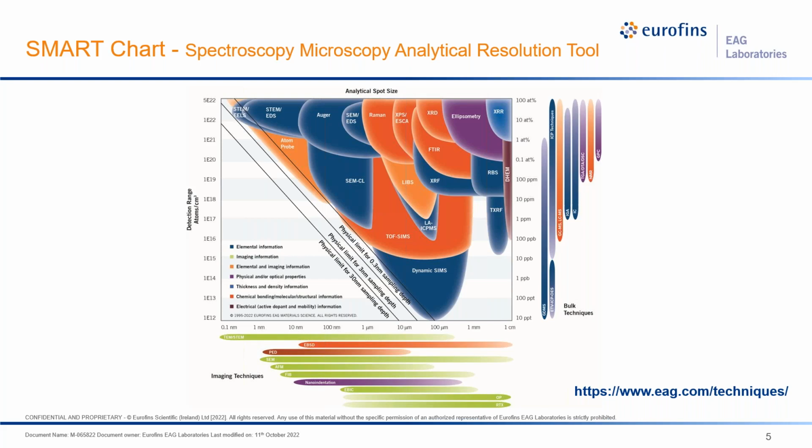For example, the blue techniques can provide elemental information, the red techniques chemical and compound information, and then there's quite a few other colors here, including purple, which provides electrical information. All this can be found on a website with this chart in an interactive mode, so that's nice.